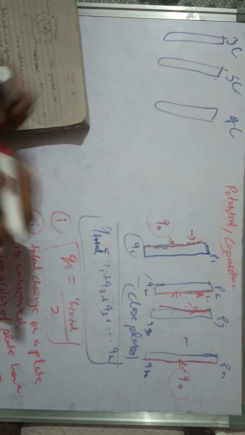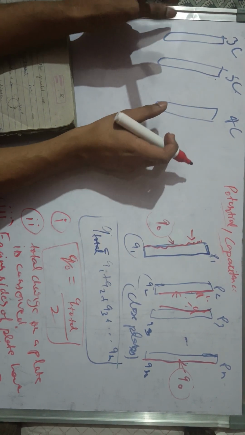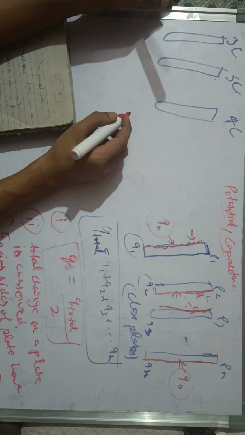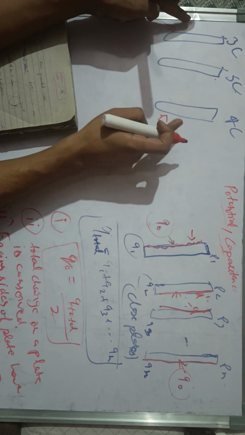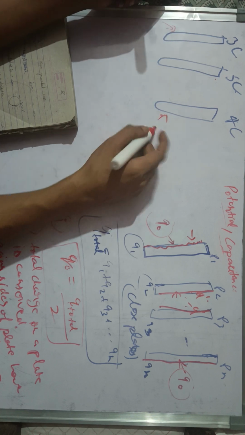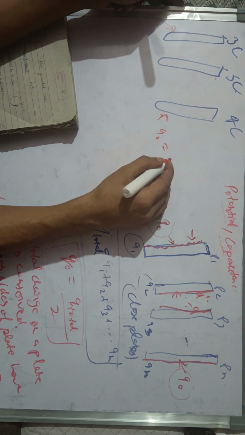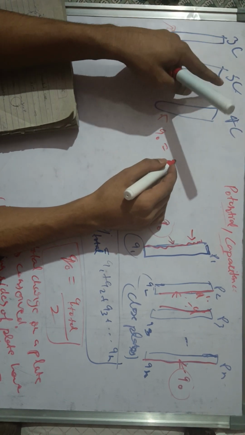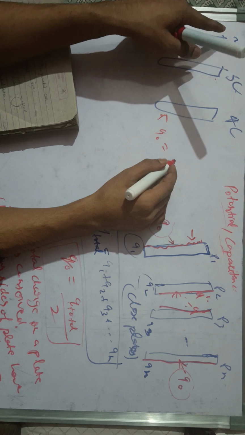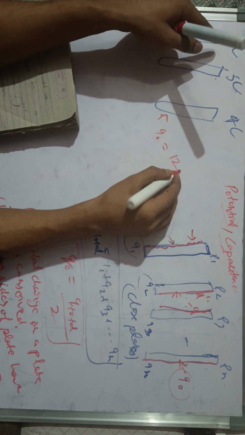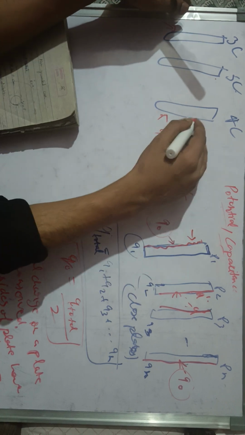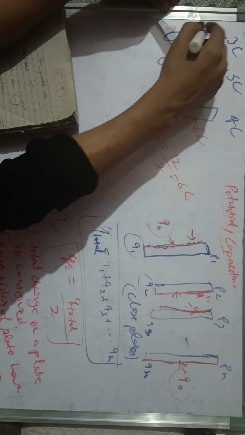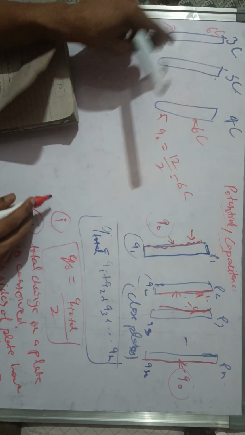Now in this case, when these plates are placed closer, first we will find the charge at these outer sides. This would be q naught, which is the sum of all these: 3 plus 5 is 8, plus 4 is 12, divided by 2, which is 6 coulomb. So this side will have 6 coulomb, and this side will have 6 coulomb.